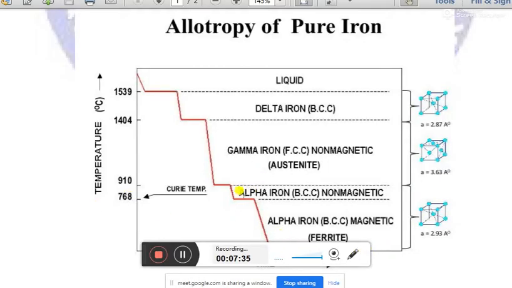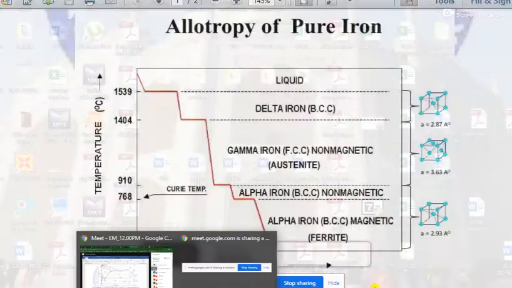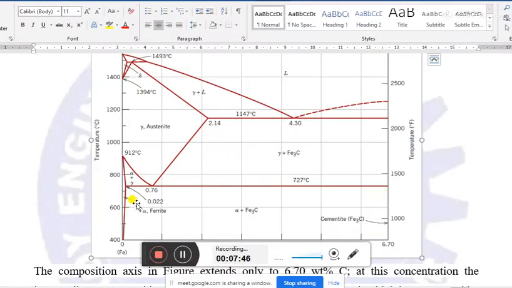I think you can remember that the alpha ferrite form exists up to approximately 770 degrees Celsius, and up to 727 degrees Celsius the solubility of carbon will increase.